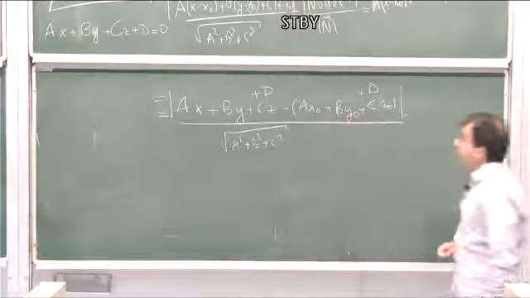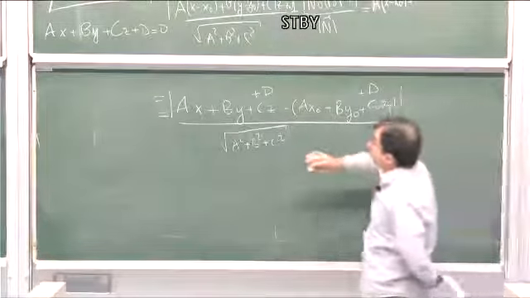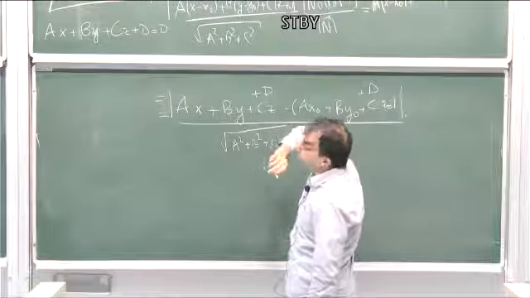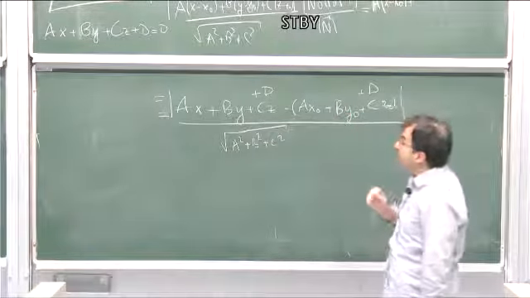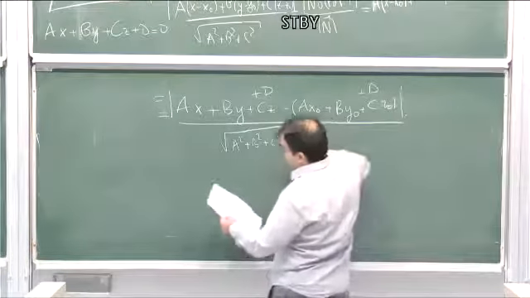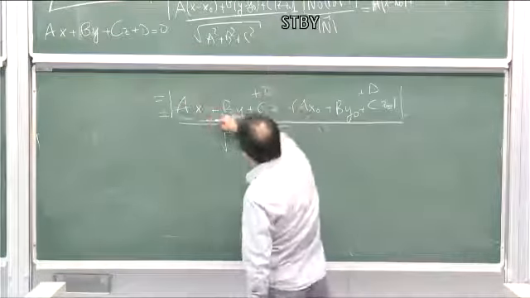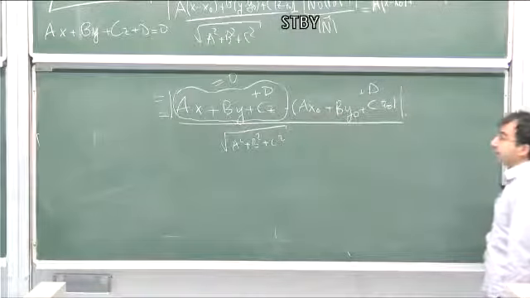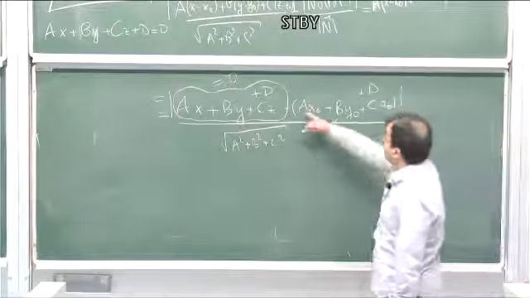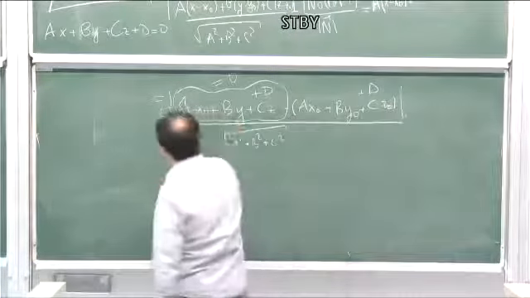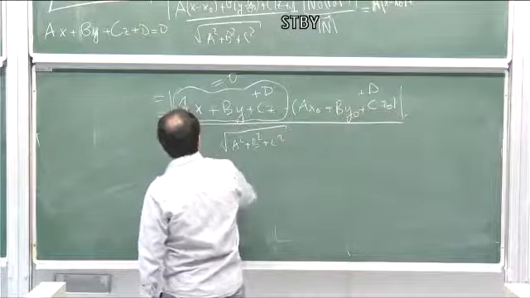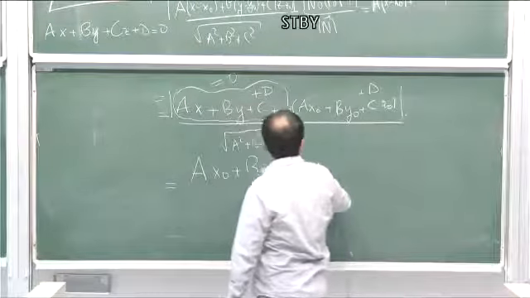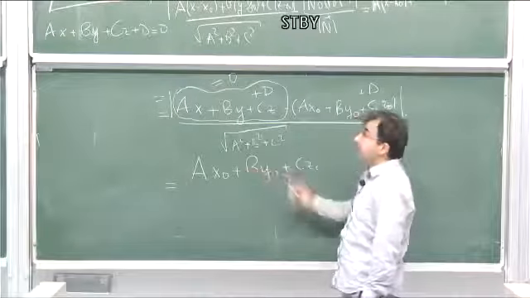Well, now after this trick, this x, y, z is a point on the plane, so it must satisfy the equation. So this part equals 0 because P is on the plane. What is left is this part: ax0 plus by0 plus cz0 plus d, divided by the square root of a squared plus b squared plus c squared. What are x0, y0, z0?